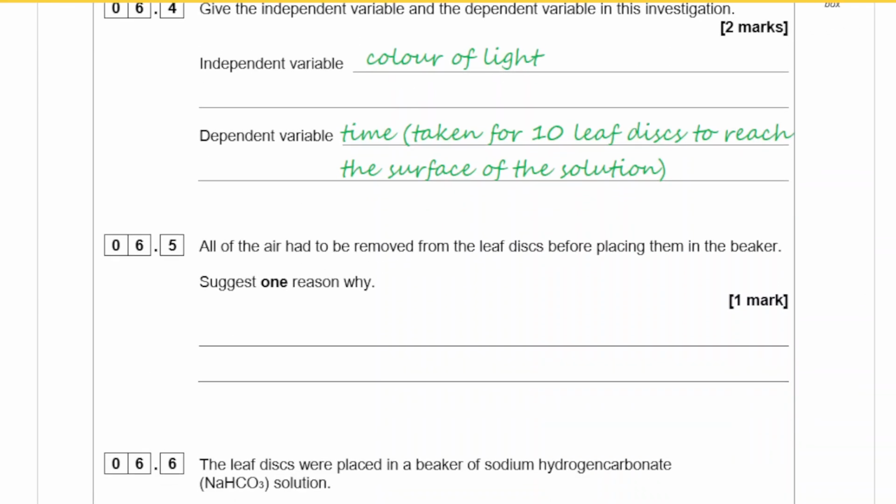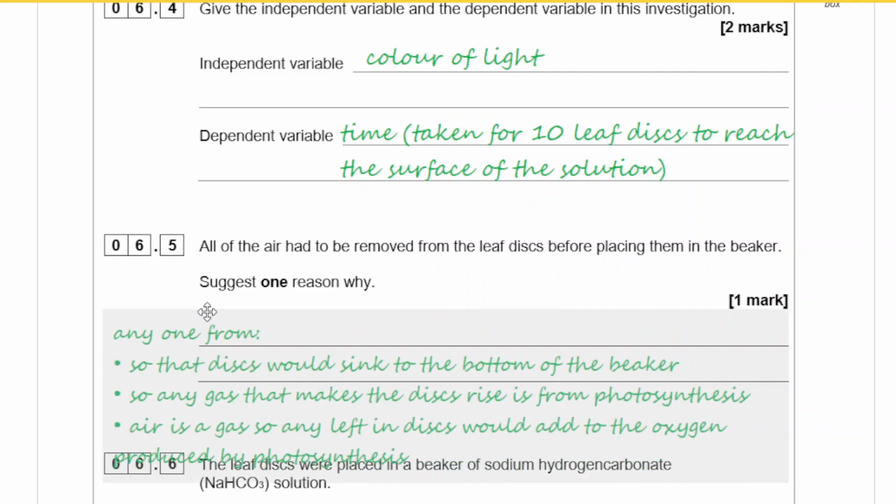All of the air had to be removed from the leaf discs before placing them in the beaker. Suggest one reason why. Now, if you don't remove the air from the leaf discs before placing them in the beaker, then they will simply float. Right? So you want the leaf disc to be at the bottom of the beaker before you start the investigation.